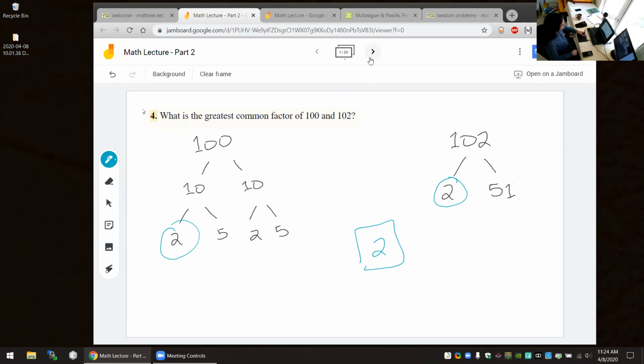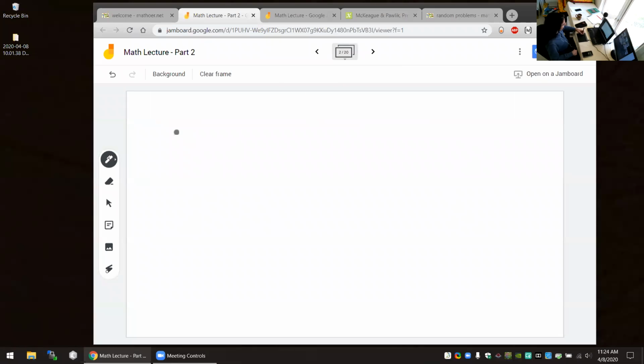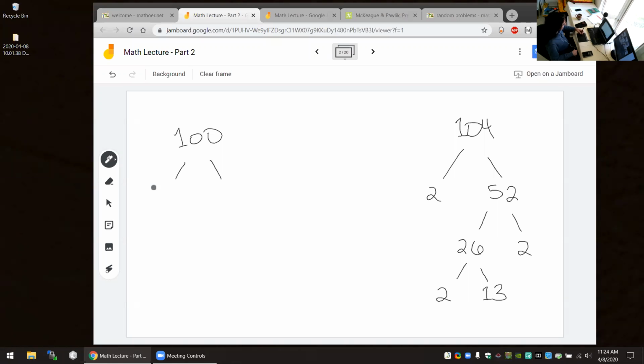Let me do the other one that I wrote by mistake, just because it was a better problem. So if we have 100 and 104, factor this a different way just for variety's sake.